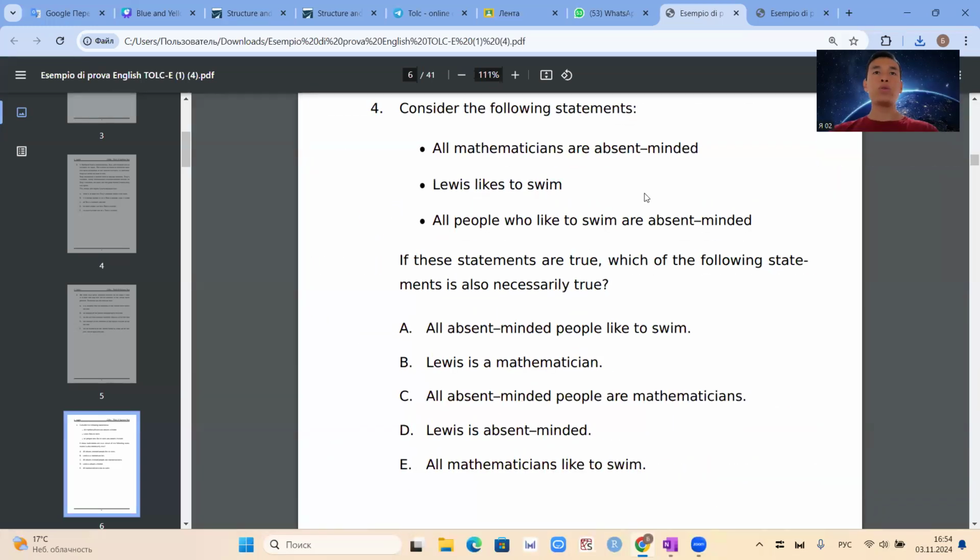Okay, you can write your answers in our group chat, and we will see how many of you could answer this question correctly.